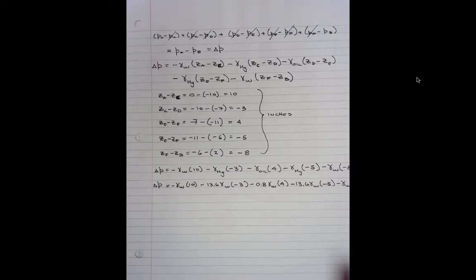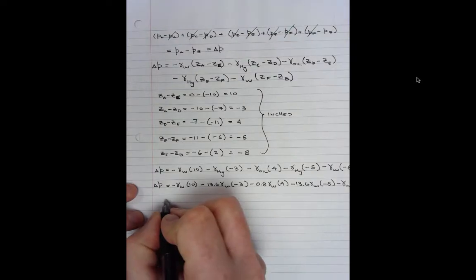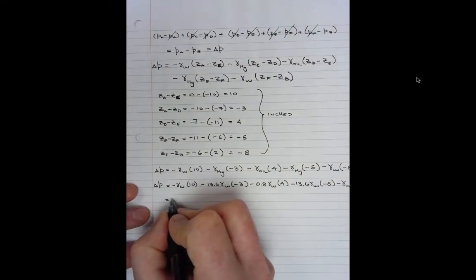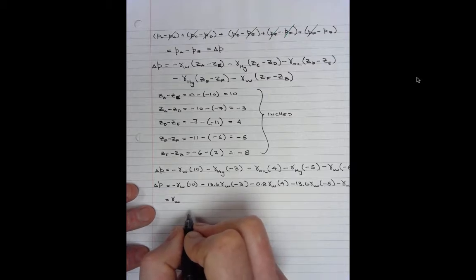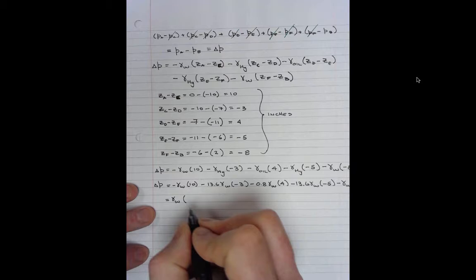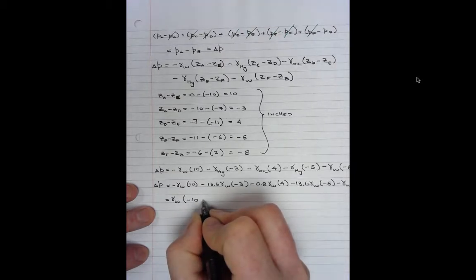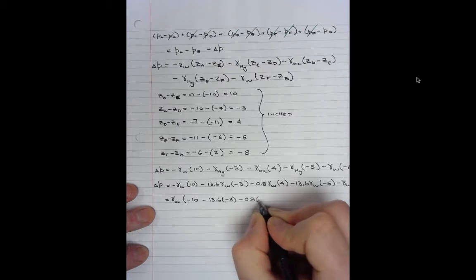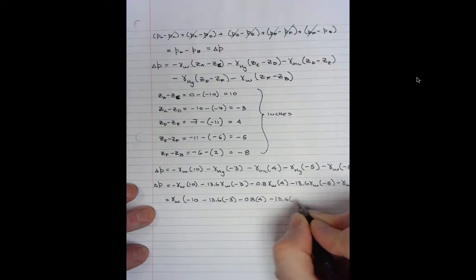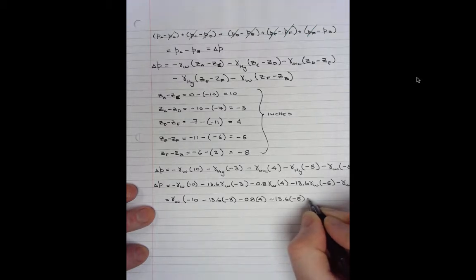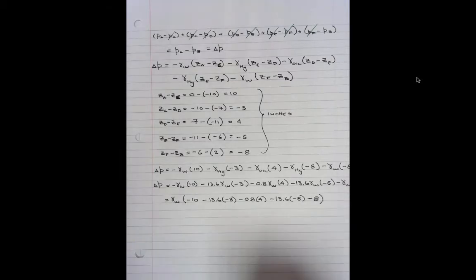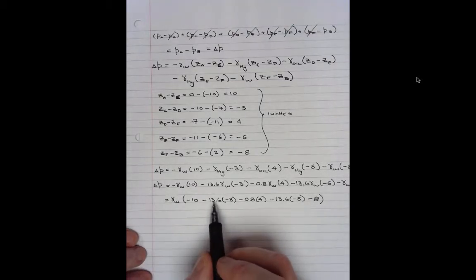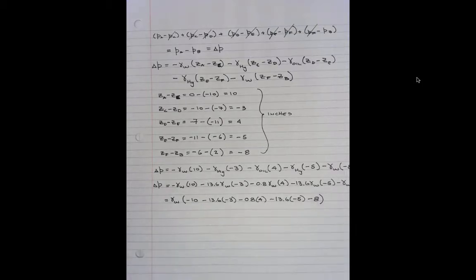All right, we know the numerical value of gamma water. So now all we'll have to do is factor out the gamma water, which is a known value: minus 10 minus 13.6 times minus 3 minus 0.8 times 4 minus 13.6 times minus 5 minus 8. This whole thing is going to be in inches when we get done.